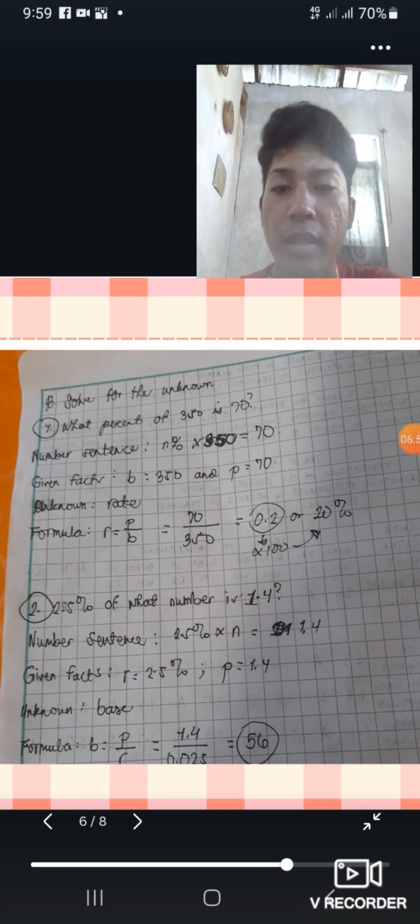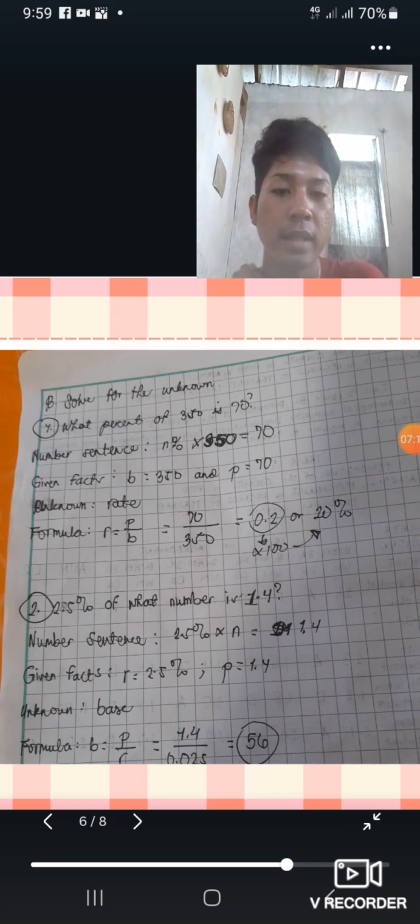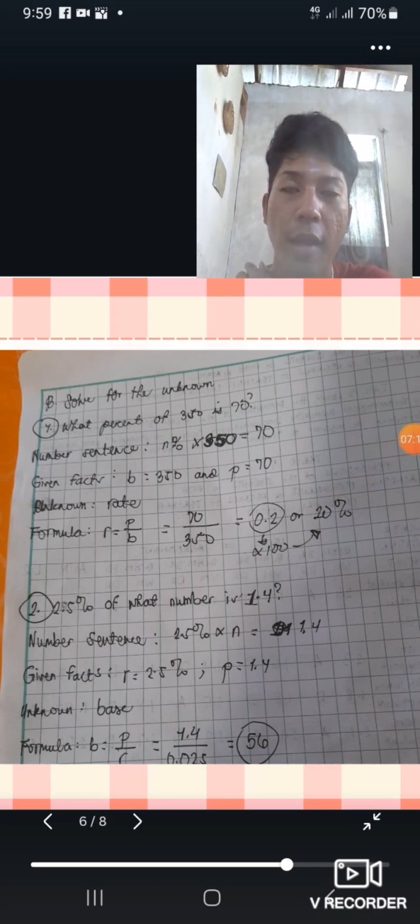We divide the percentage over the base, so we get the rate first. 70 divided by 350 is 0.2. Then we are going to convert it into a percent, so we multiply it by the value of percent, which is 100. So that is 20%.